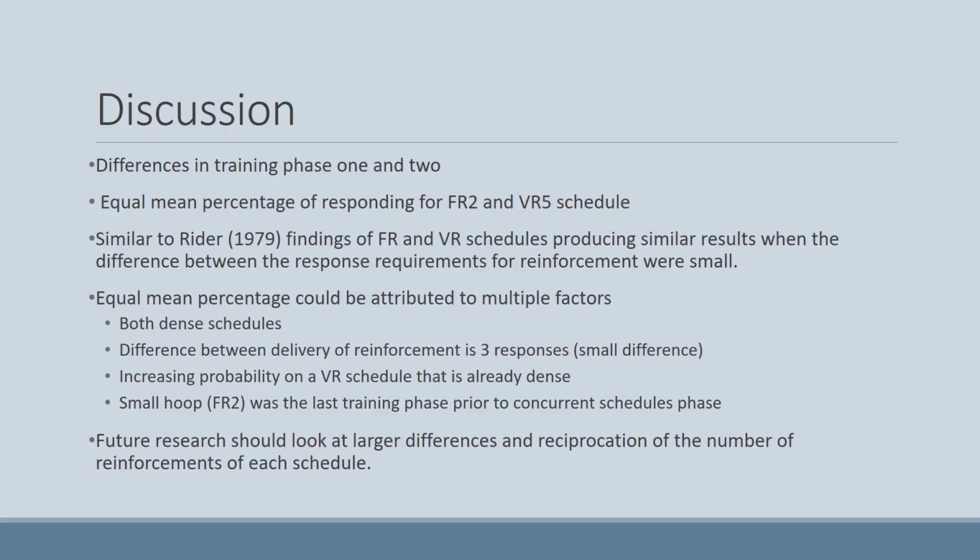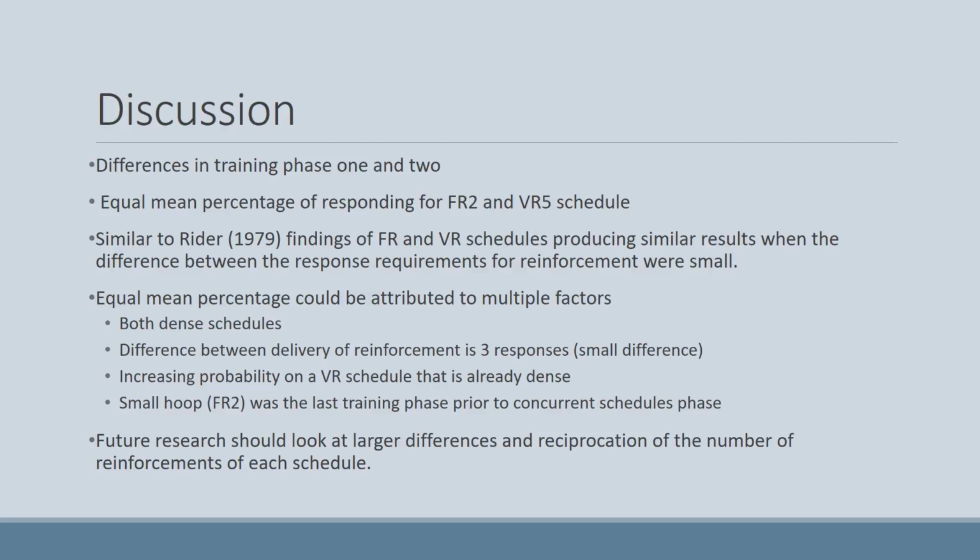So the first opportunity, it's a 1 in 5 chance, and then if reinforcement is not delivered, then it's a 1 in 4 chance, and then a 1 in 3, and a 1 in 2, and then a 100% chance eventually. So the increasing probability probably resulted in increased responding on the VR5 schedule, whereas the subject also knew that there was a very dense schedule, and on every second response they would receive reinforcement on the fixed ratio schedule.